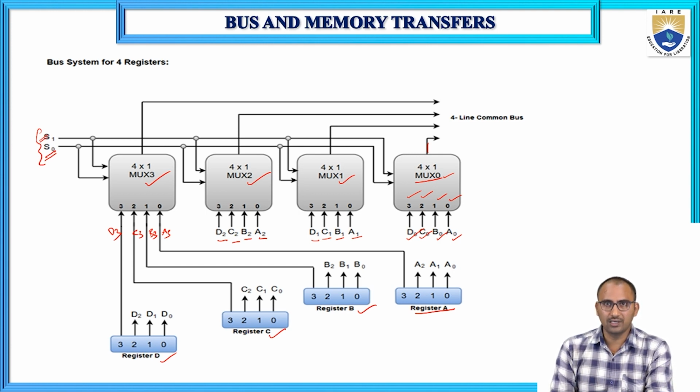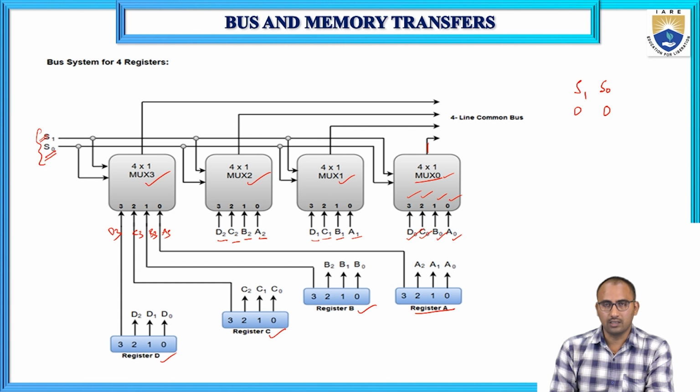Based on these selection lines only, any one of the inputs will be connected to the output. Suppose the selection lines S0 and S1 are both 0, 0.